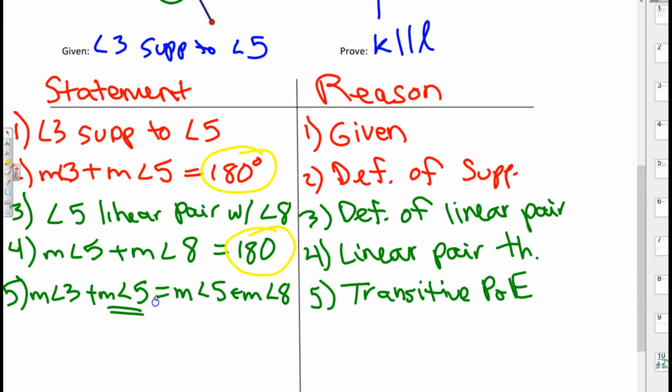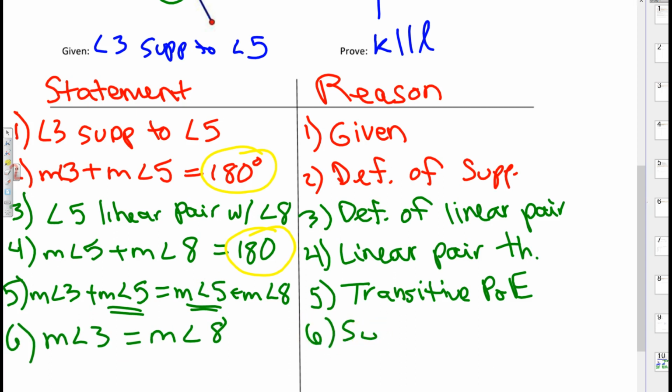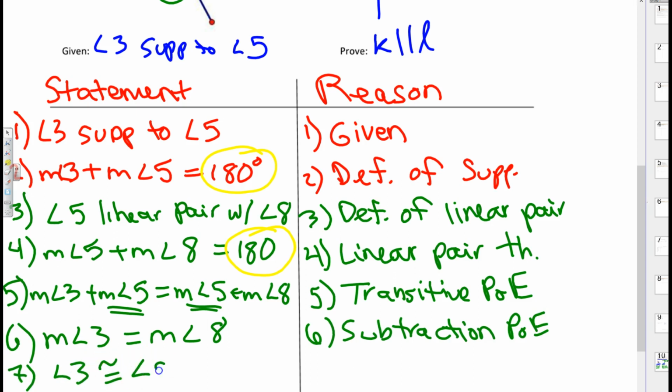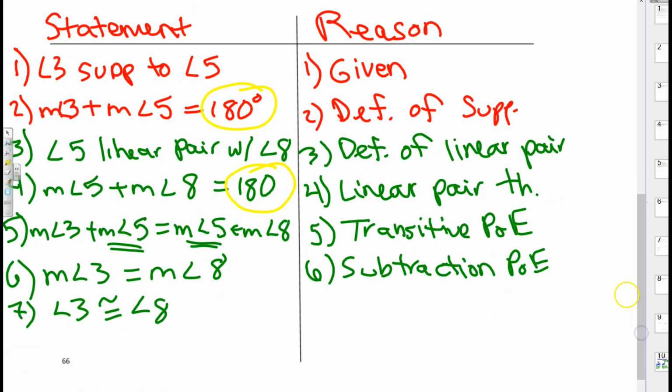Well, if you look, we've got measure of angle 5 in both statements, which means we can subtract it off. So now I have that the measure of angle 3 is equal to the measure of angle 8 by the subtraction property of equality. Well, if they're equal to each other, then we can say that they're congruent to each other by the definition of congruent.